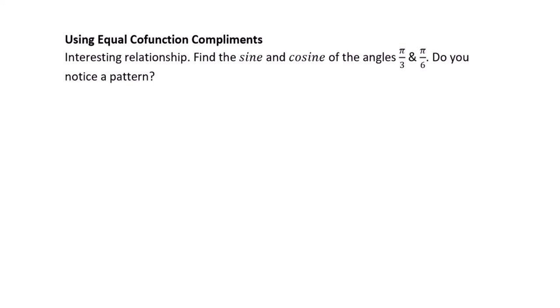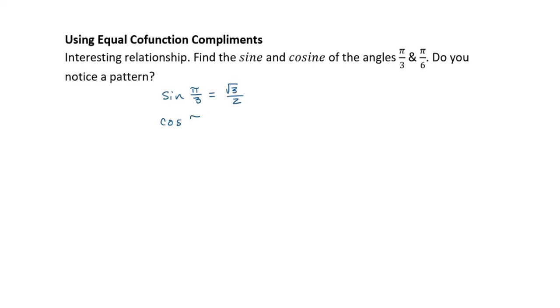Using equal cofunction complements, here's an interesting relationship. Find the sine and cosine of the angles pi over 3 and pi over 6. And do you notice a pattern? The sine of pi over 3 is going to be the square root of 3 over 2.